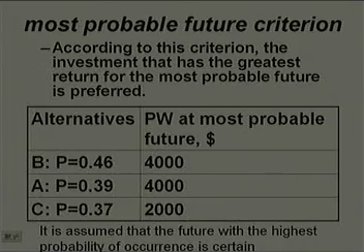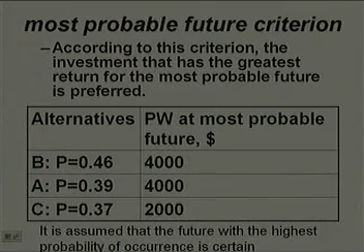So, if you go back to the problem in which different values of returns were given, net present worths were given and their corresponding probability values were given, you can calculate this. For example, if you try to look for alternative A, you will find that the maximum probability is associated with the net present worth of 4,000.